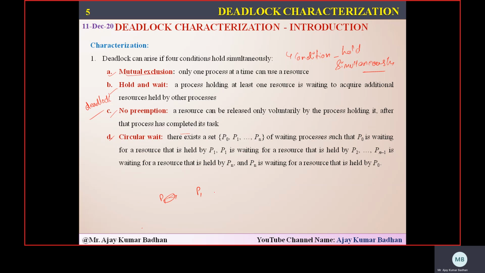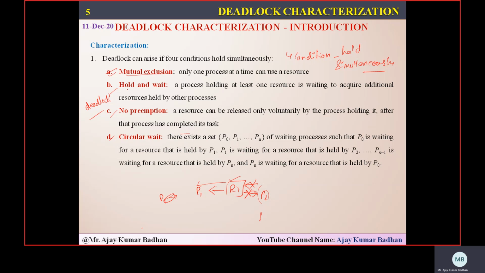If a process P1 is allocated a resource R1, then no other process should be allowed to use this resource. If another process P2 requests this resource, he should not be given that resource. At a time, only one process can access that resource and perform the operation. That is what we call mutual exclusion.